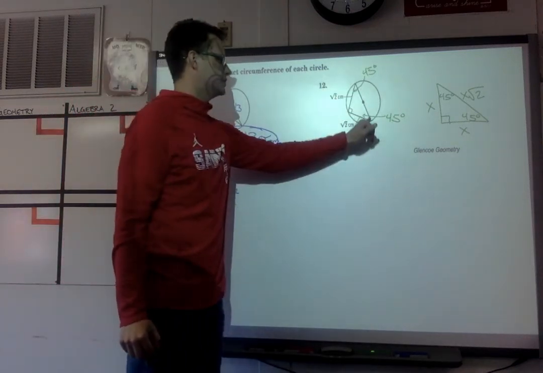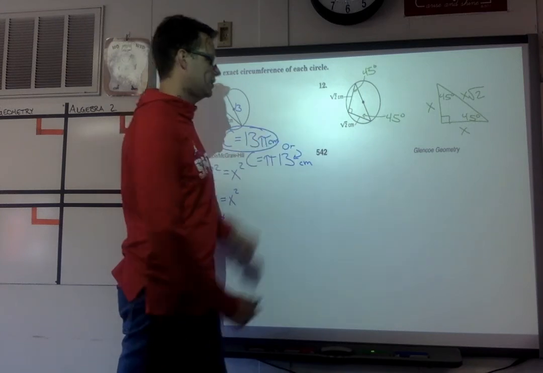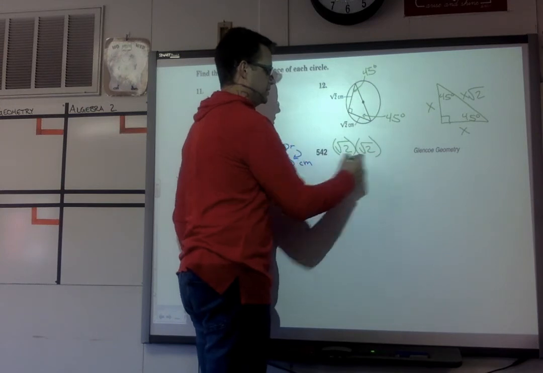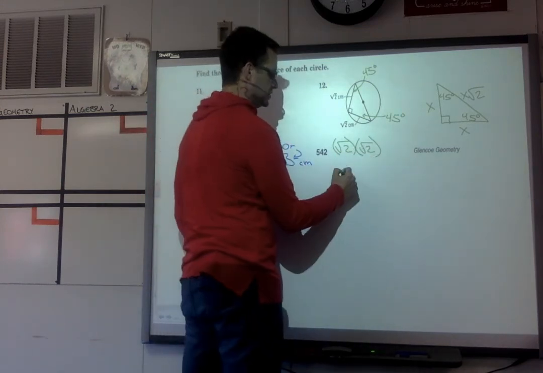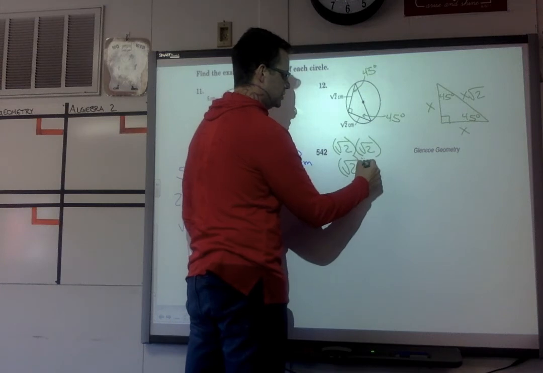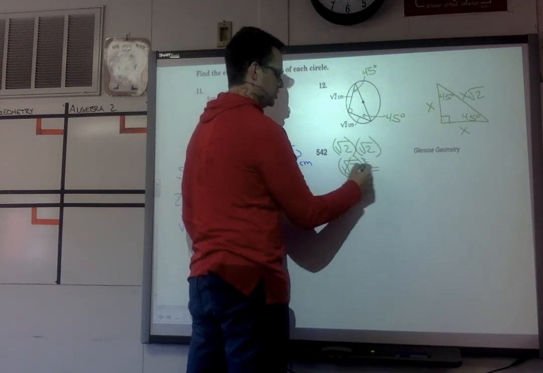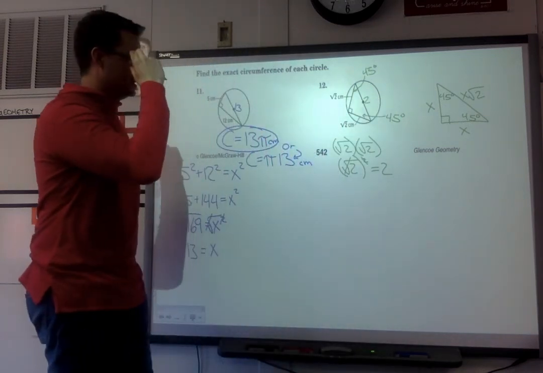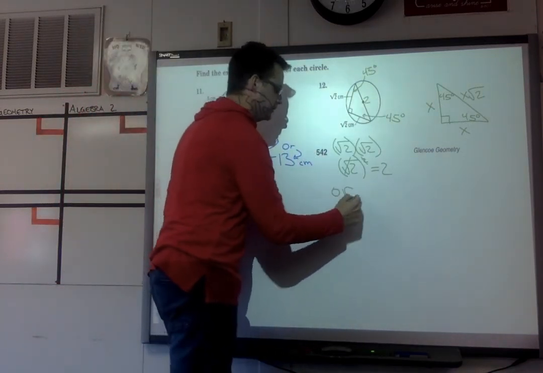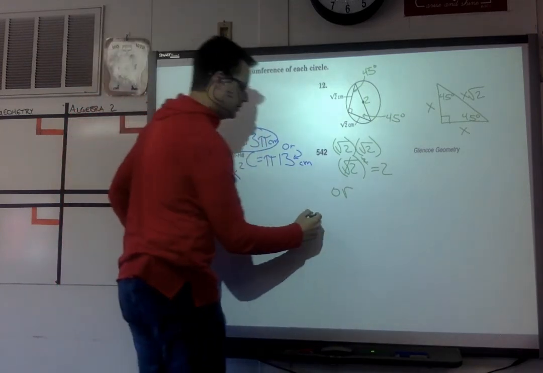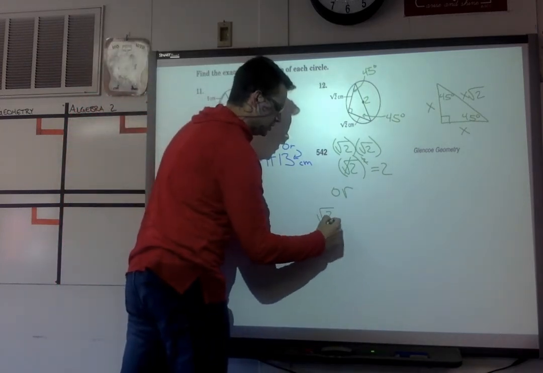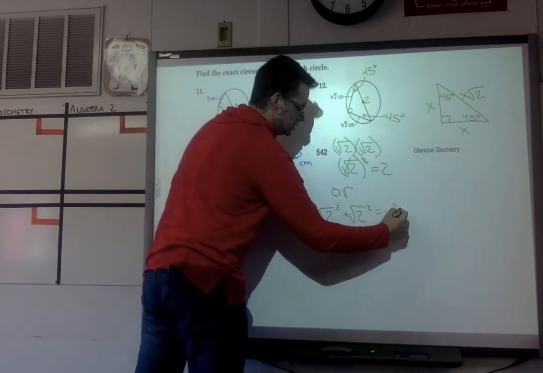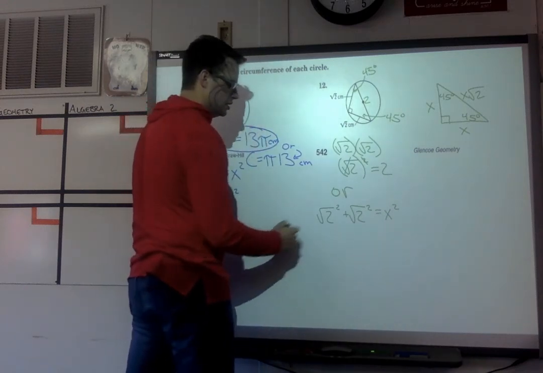So in order to find our hypotenuse here, we're going to take one of those legs, the square root of 2, and we're going to multiply it by the square root of 2. Now this is the same as the square root of 2 squared, which those cancel, and you get a length of 2. Now the other way that we could have found that is what we did over here, the Pythagorean theorem. We could do the square root of 2 squared plus the square root of 2 squared is equal to x squared or c squared.